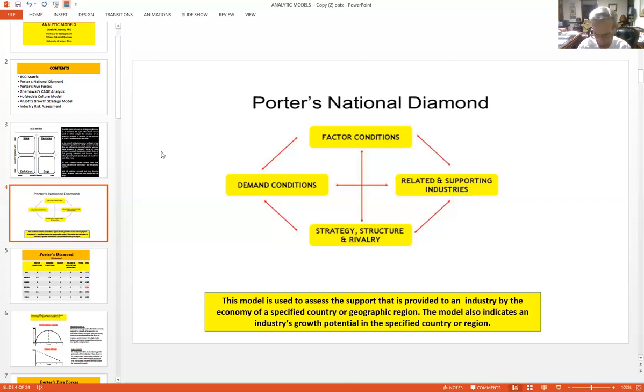And if the score is high, it indicates that the industry's growth potential in that country is high, and that if you are one of the companies in this industry, in that country, you're on favorable turf, on good ground. Chances are favorable, conditions are favorable.